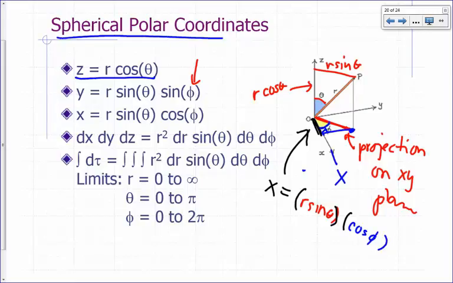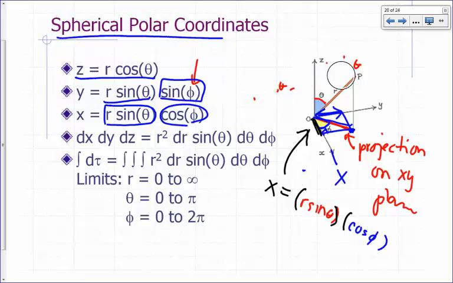The x coordinate is the adjacent side to phi. So it's r sine theta times cosine phi. And similarly, you can show that the y coordinate, this length right here, is going to be r sine theta, the hypotenuse of the projection, times the sine of this phi.